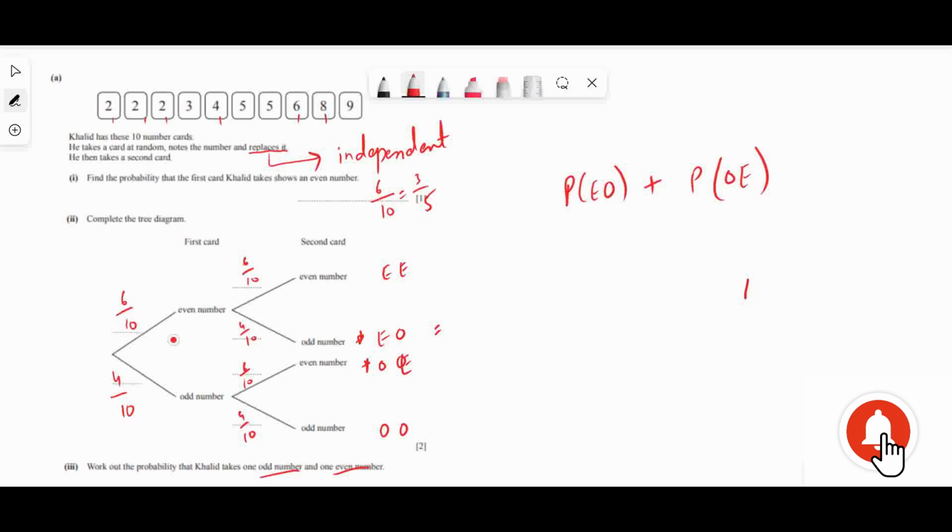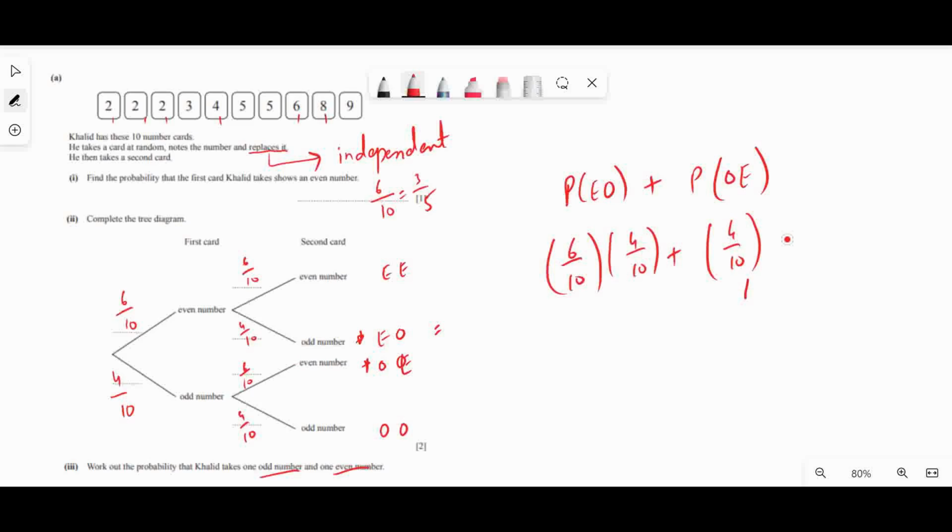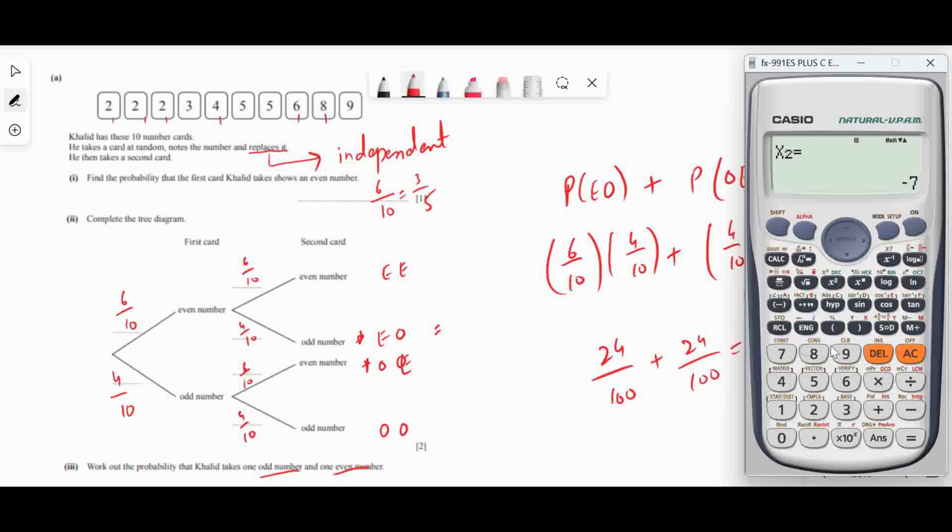Now even odd will be equal to 6 by 10 into 4 by 10 plus odd even. So odd even means this will be 4 by 10 into 6 by 10. So this will be equal to 24 by 100 plus 24 by 100, and we can take the LCM, so this will be 48 by 100 as the final answer.